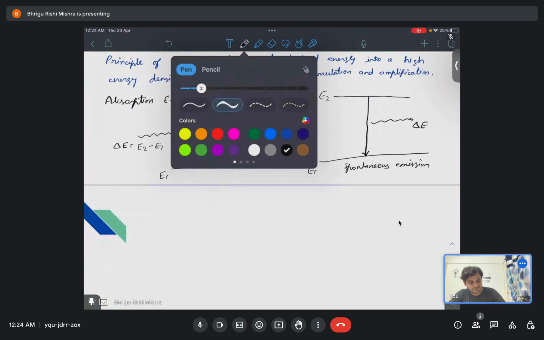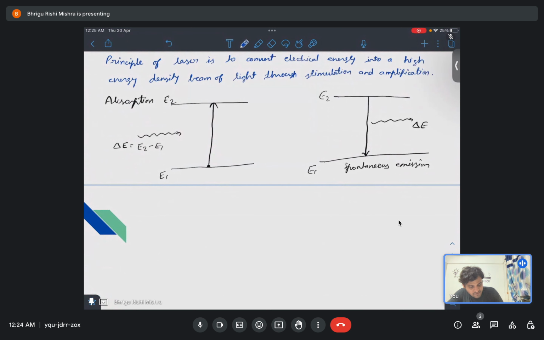So for the case of absorption, a photon with energy delta E is absorbed by an atom in state E1, and it excites the atom to the next level E2.